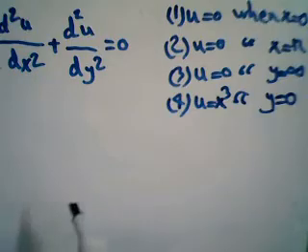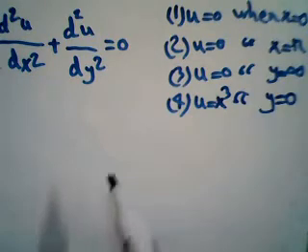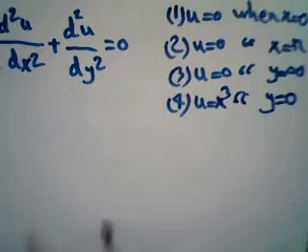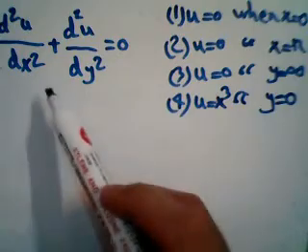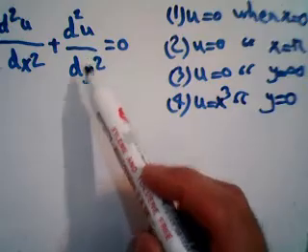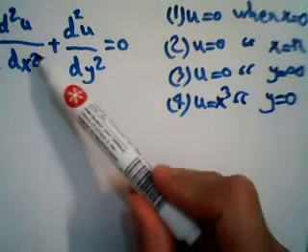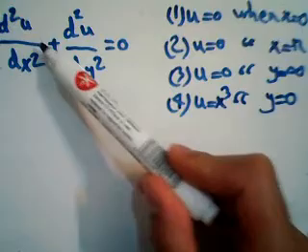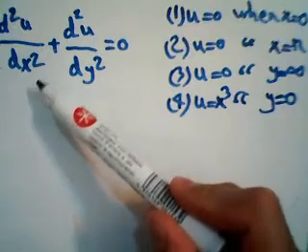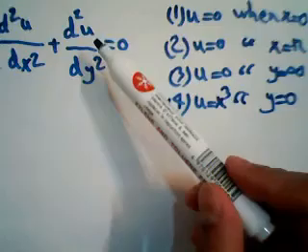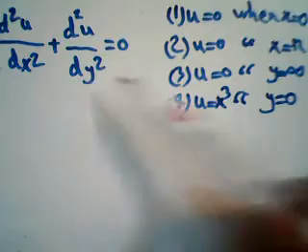in which we should find the function of several variables. Here u is a function, we should find u, and u is a function of two variables x and y. This is the second derivative of u with respect to x, and this is the second derivative of u with respect to y.